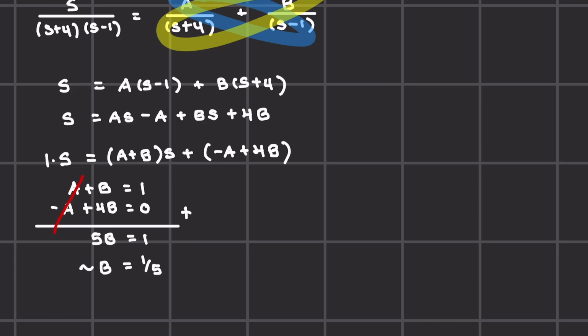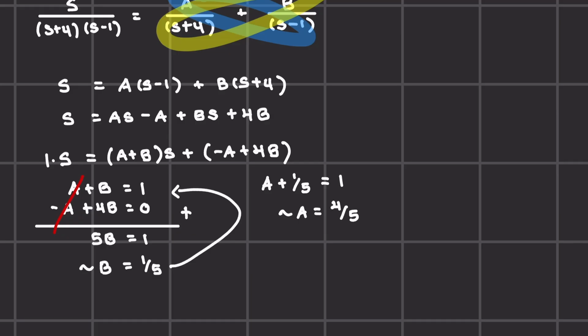And then when we solve for A, we just need to substitute this B value into either of these equations. I'll choose the first equation, A plus B equals 1, because it is an easier equation to use. So we have A plus 1 over 5 equals 1. Therefore, our A is just 1 minus 1 over 5, which is 4 over 5.